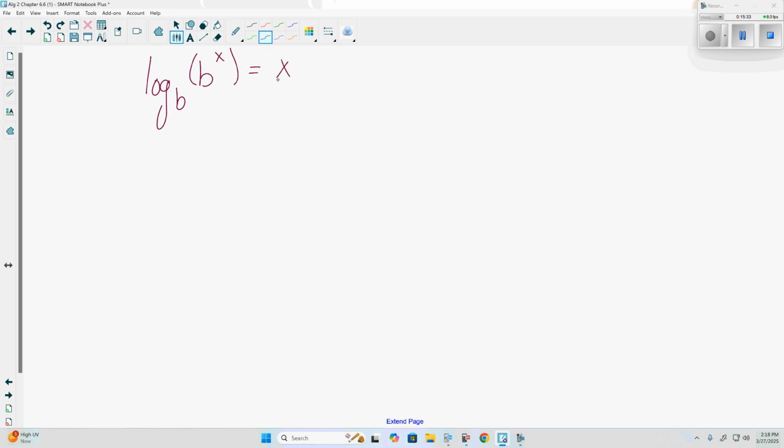Just x. It's that exponent. Now, the reason for this is, according to 6.5, if there's an exponent inside the log, we can move it to the front. So this is really the same as x times log base b of b. Well, log base b of b is 1, so it's telling me that log base b of b to the x is just that exponent x.